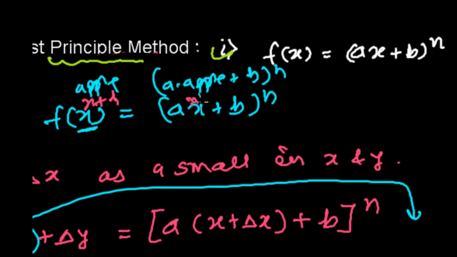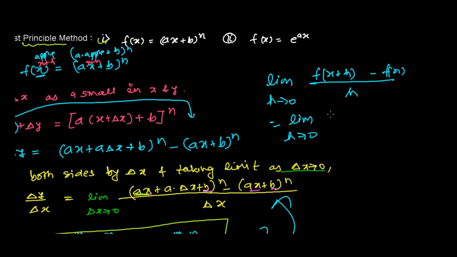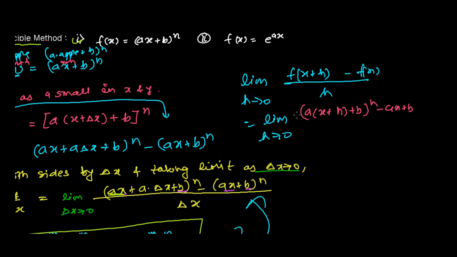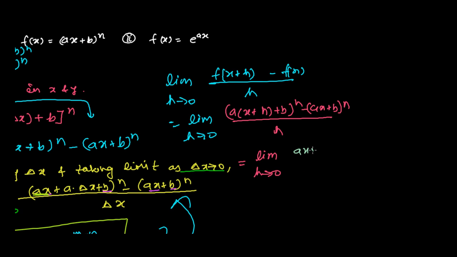So in the same way, it will be (a(x + h) + b) to the power n minus (ax + b) to the power n, because f of x is to the power n, and then divided by h. Now it will be (ax + ah + b) to the power n minus (ax + b) to the power n, divided by h.